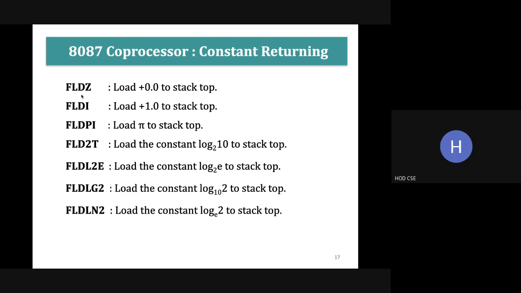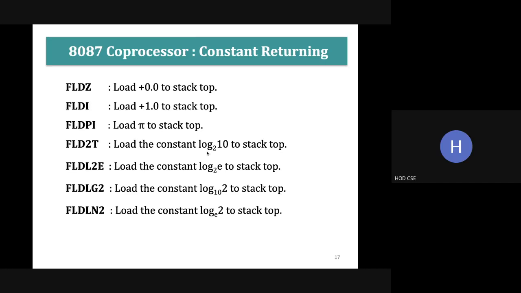Here we have the load instruction. FLDZ loads 0 to the top of the stack. FLD1 loads the value 1 into the top of the stack, and FLDPI loads the value of pi. What is the value of pi? Pi is 3.14, so 3.14 will be loaded into the top of the stack.